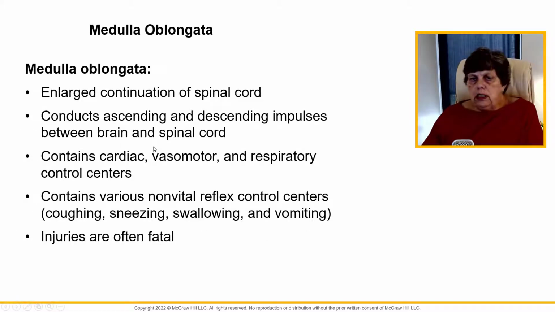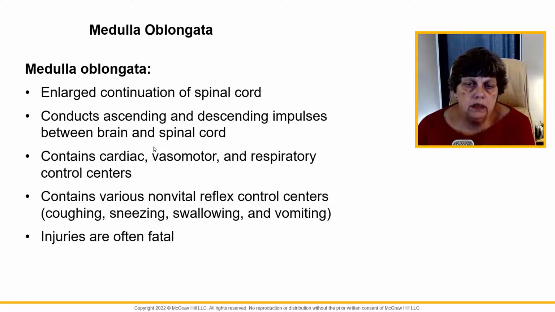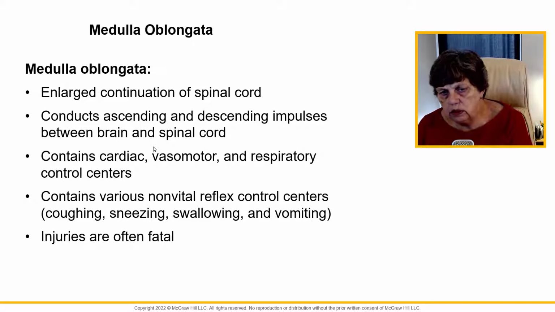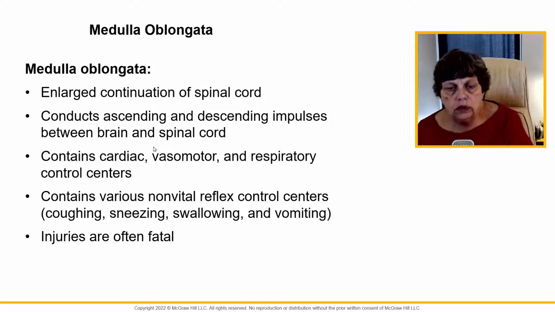Now the medulla, you're going to talk a lot about this in AP2. This is just a continuation of the spinal cord. It does conduct the ascending and descending impulses between the brain and the spinal cord, and it is a cardiac respiratory control center.